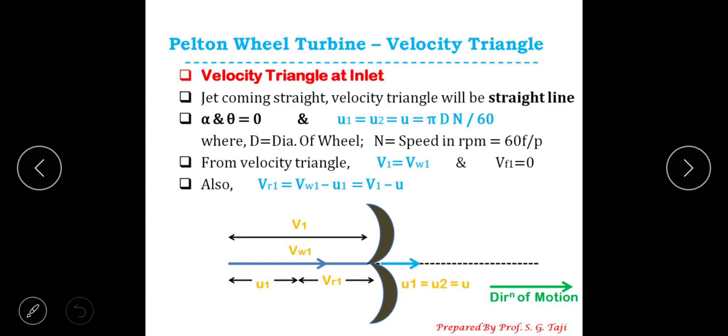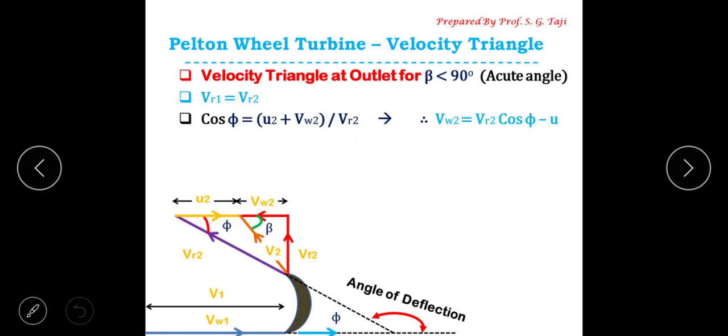N is equal to speed in RPM. From the velocity triangle, V1 is equal to VW1, Vf1 is equal to 0, Vr1 is equal to VW1 minus U1, or V1 minus U. Velocity triangle at outlet for beta less than 90, acute angle.